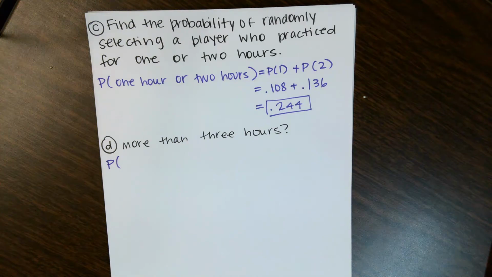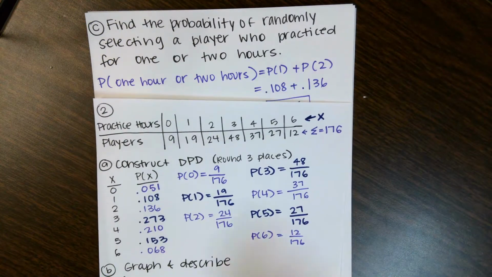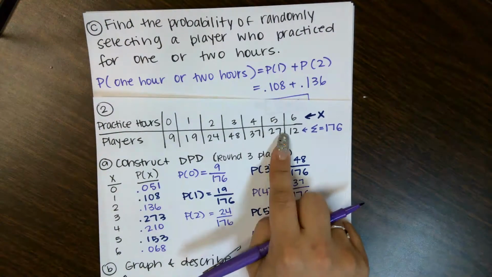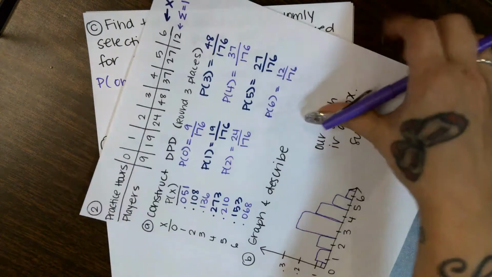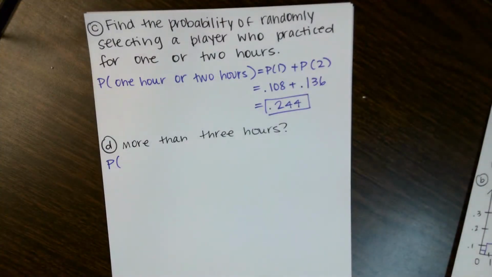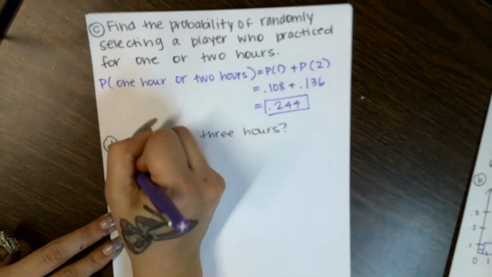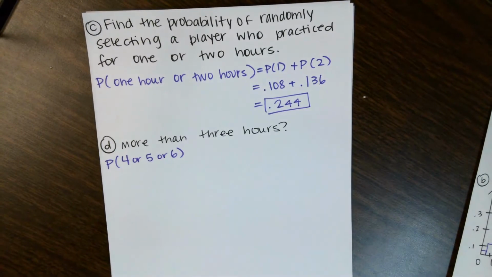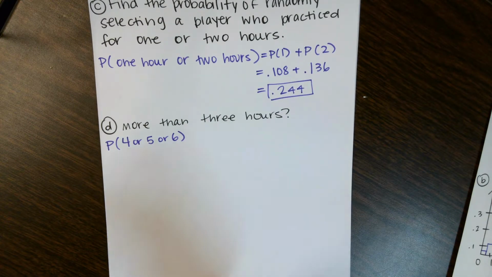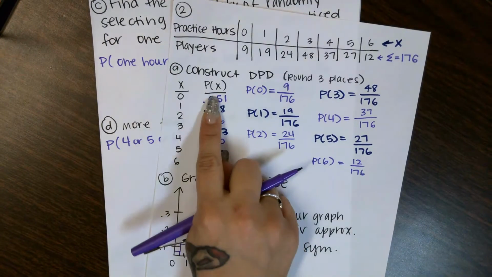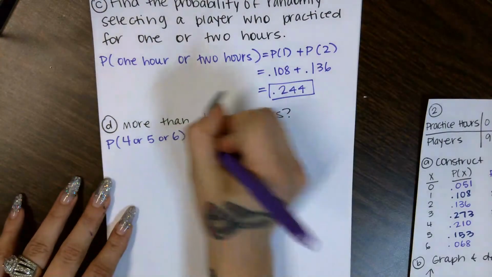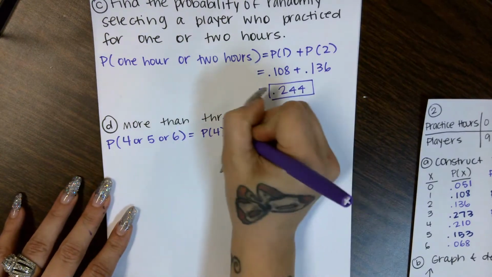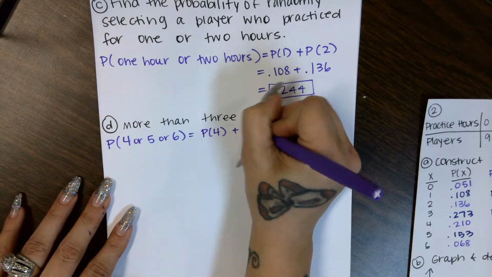If you look at all of my data, what is more than 3 hours? 4 hours, 5 hours, or 6 hours. Instead of writing out four, I'm just going to write 4. What I'm finding is the probability of 4 or 5 or 6. And all of those should be implied to be hours because that's what we're working with right now. So I literally look here at my DPD. This is going to be P of 4 plus P of 5 plus P of 6.